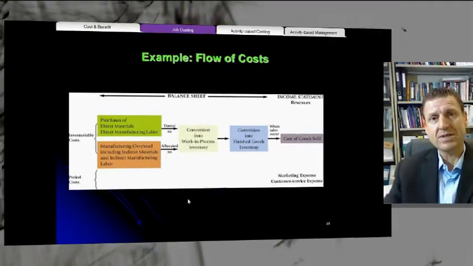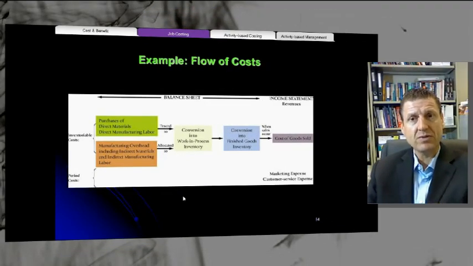These are your basic debits and credits that go through your balance sheet and into your income statement. We're not going to go into that detail this semester, but just keep in mind that there are all these mechanics in the background that allow us to put what we see in the factory into the balance sheet in the financial statements and income statements.